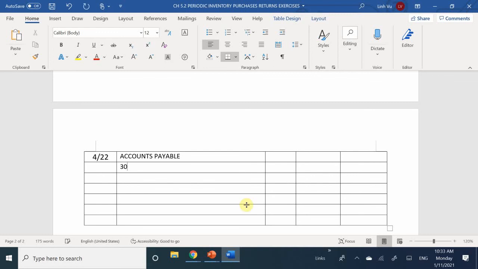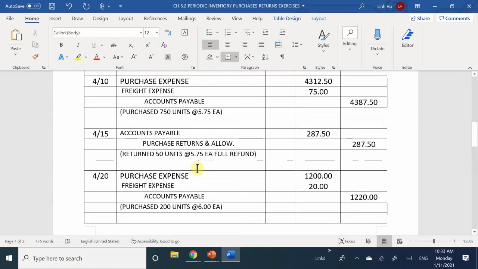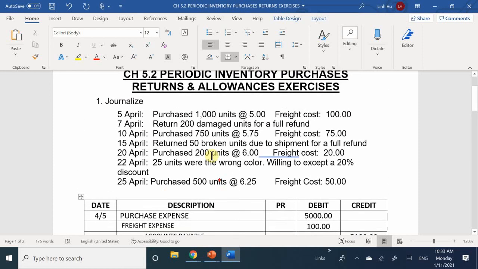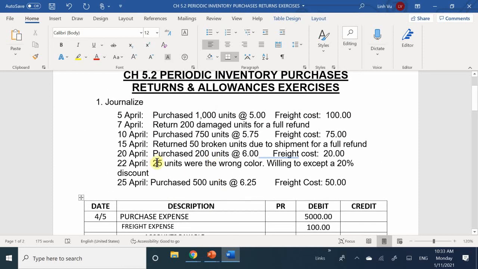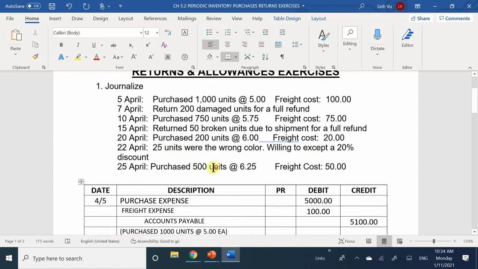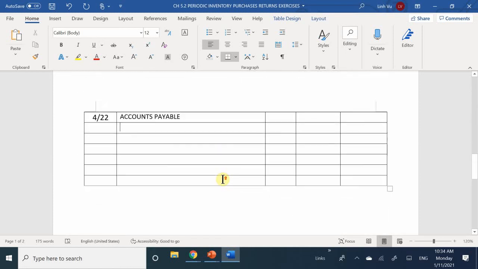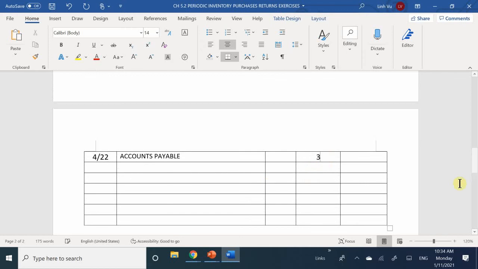Yes, $30, because my original cost was $6 each. 6 times 25 gives you $150. Now, I'm not refunding this entire amount. I'm only attempting to get 20% off of the original ones that are actually incorrect. So in this case, I'm only taking 20% off of my $150 total, which is indeed $30 in total.